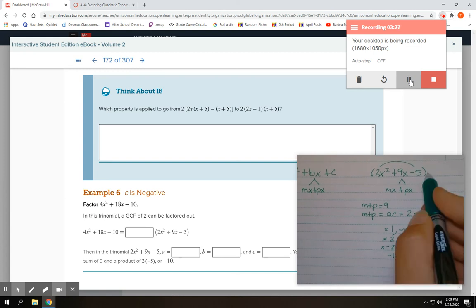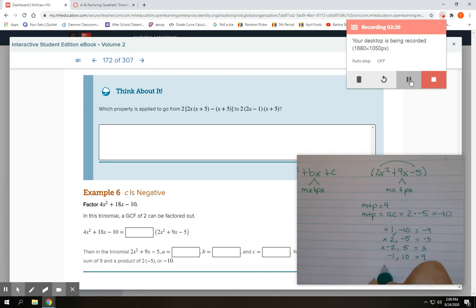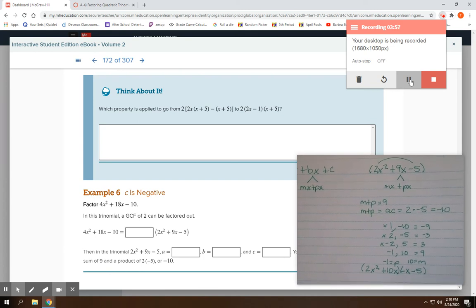Since these both have negatives, we're going to put negative 1 in for p, and then these are both even, so we're going to put 10 in for m, and that's going to give us 2x squared plus 10x minus x minus 5. And we're going to look at them like this to factor them.